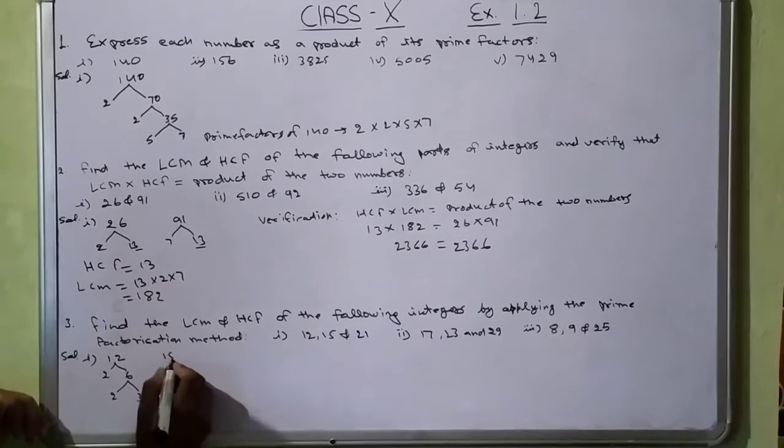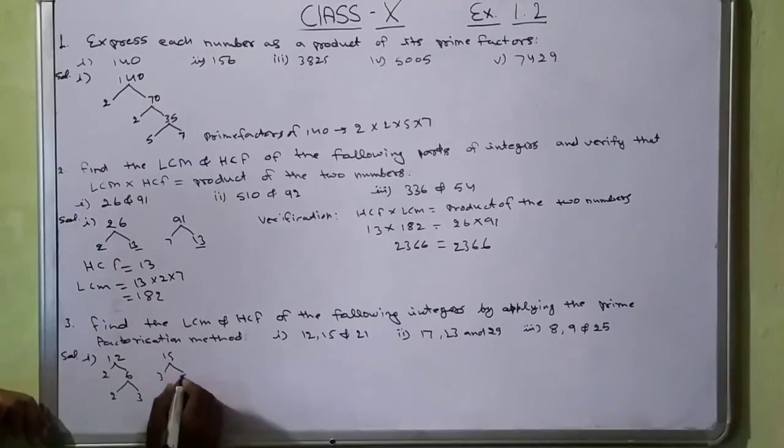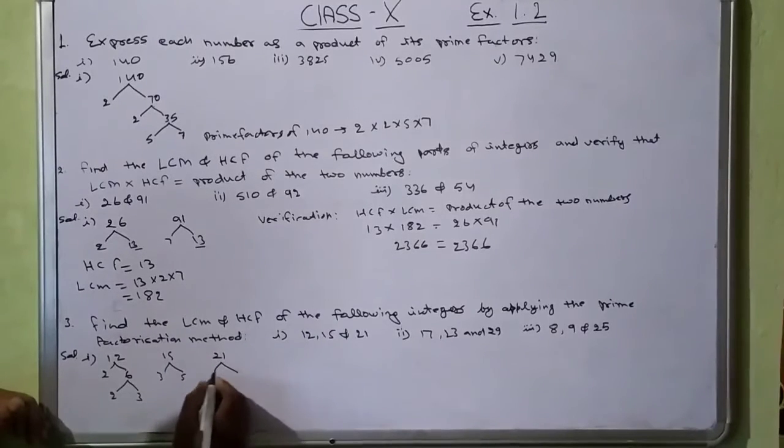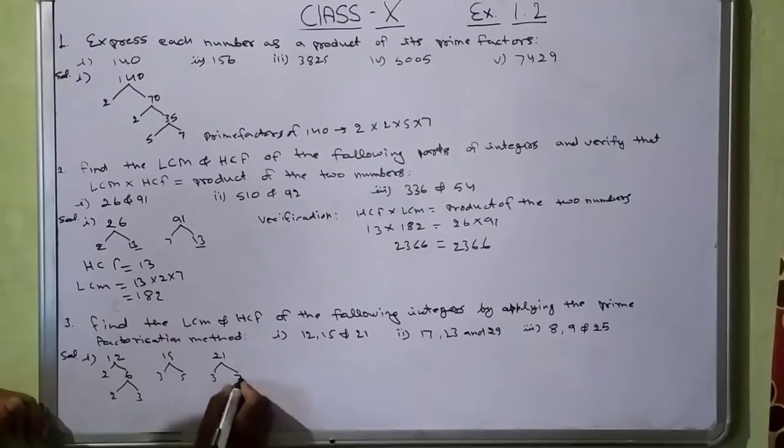Similarly 15 is 3 times 5, and 21 is 3 times 7.